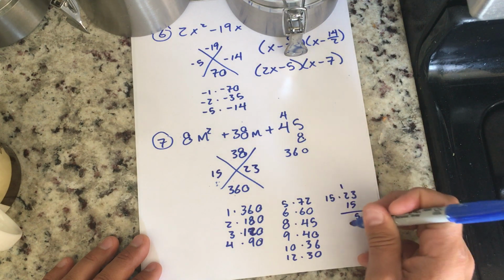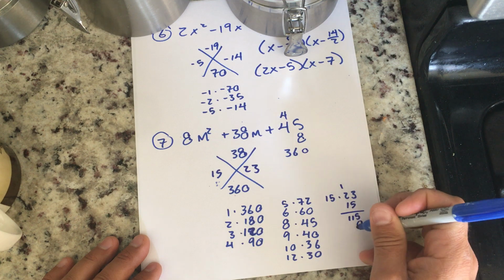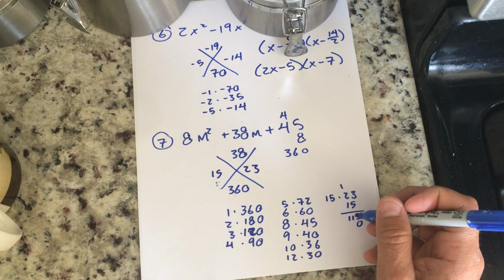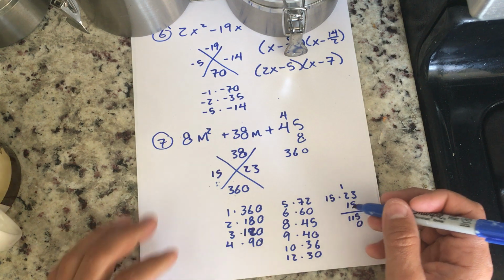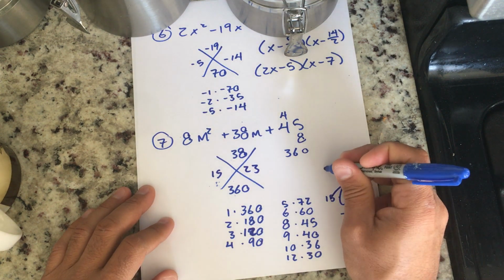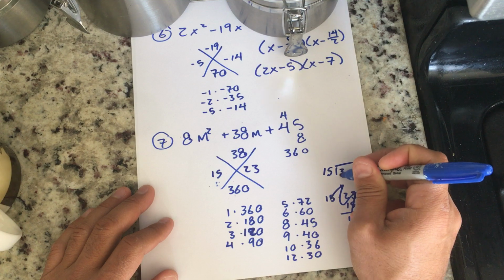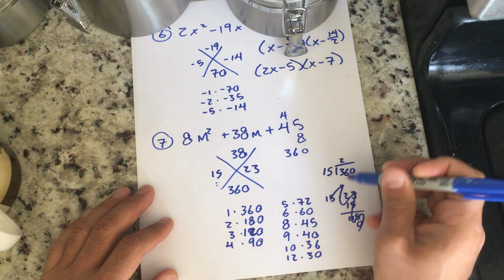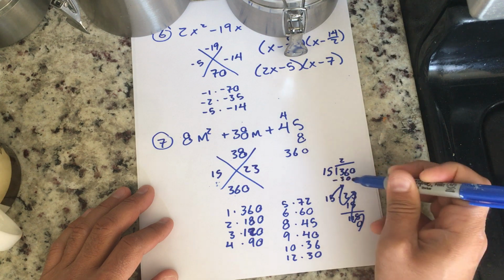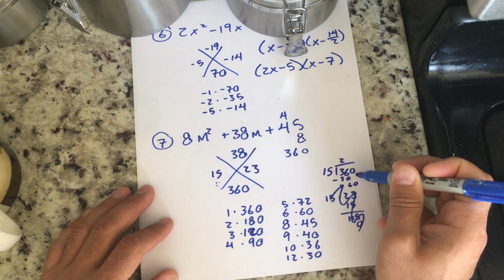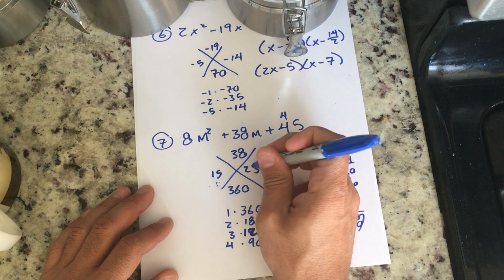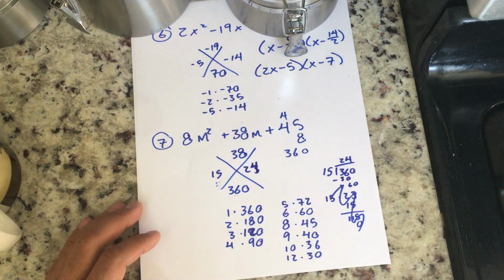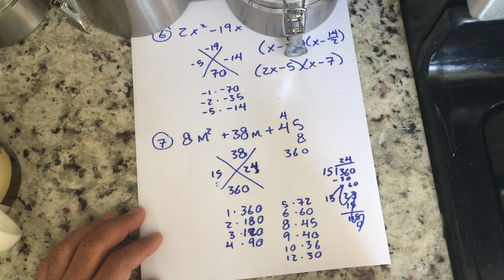Carry the 1. 10, 11, 0. Yeah, that wasn't right. 15 goes into 360 how many times? That's going to go in 2 times with 30. Subtract that down. 60. Go in 4 times. 24. Which is going to add to 39. So that's not going to work.